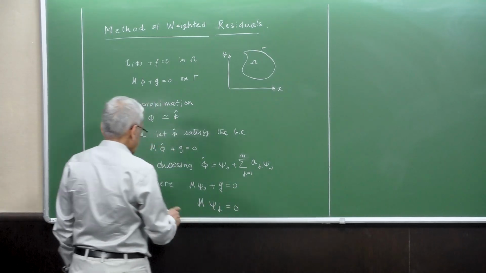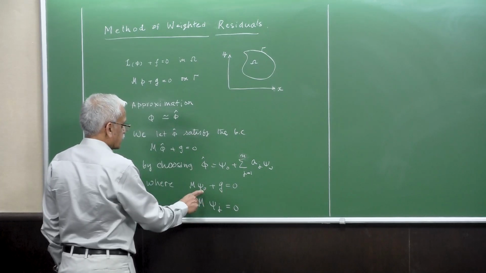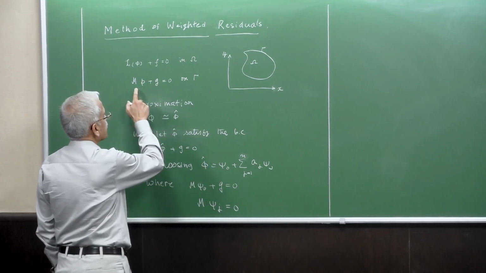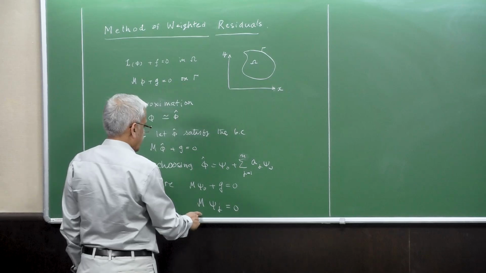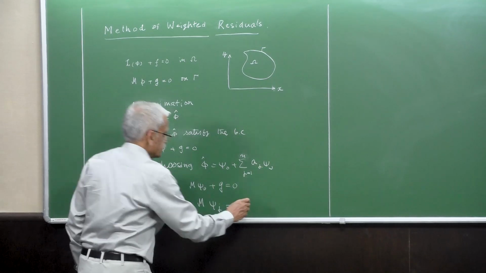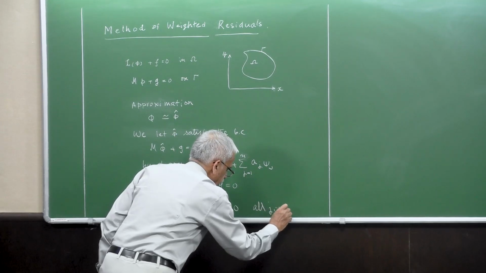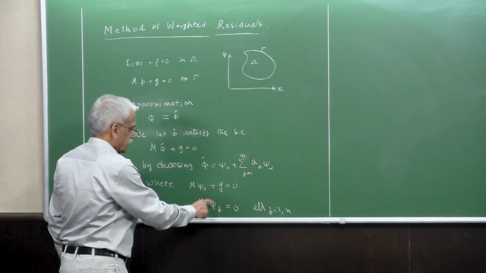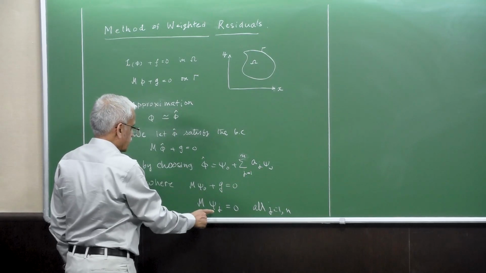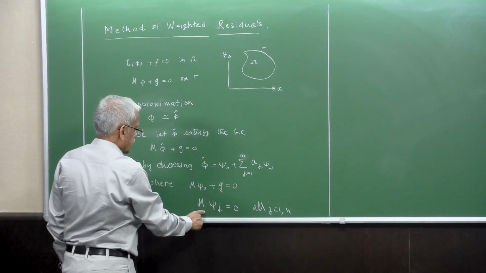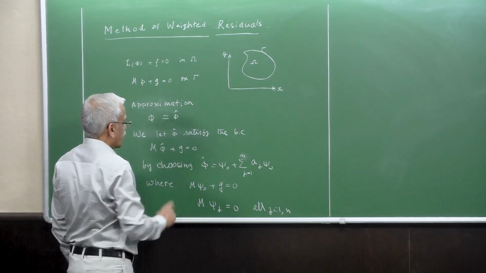The important point here is that psi naught is chosen such that m psi naught plus g is equal to 0. That means psi naught satisfies the non-homogeneous boundary condition as such, whereas the set psi j, for all j equal to 1 to n, used in the summation, is such that it will satisfy the homogeneous part of this boundary condition.